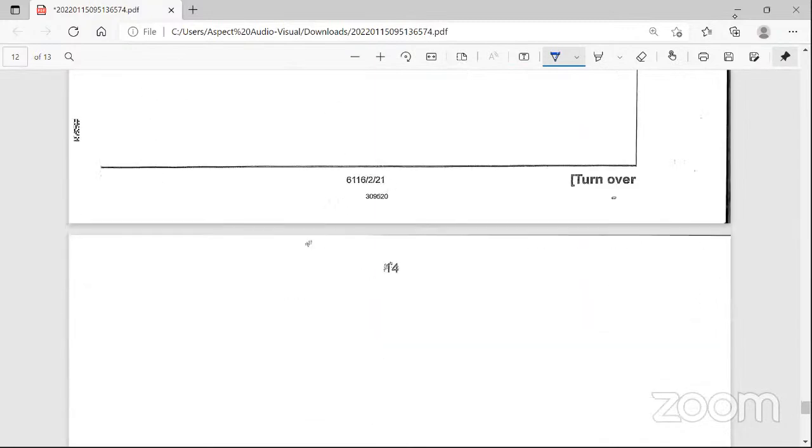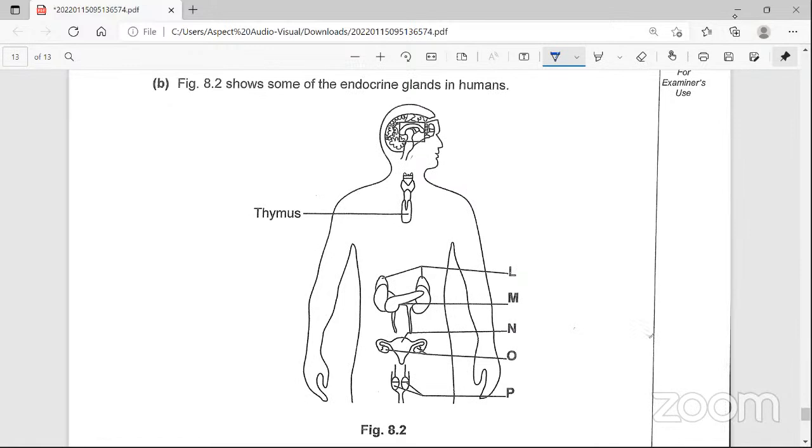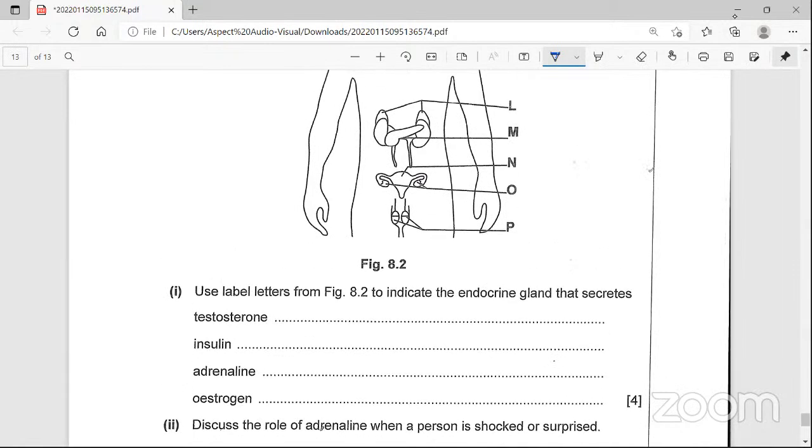All right. Figure 8.2 shows some of the endocrine glands in humans. You've got your thymus, they've already given us that. We've got L, M, N, O, P. Use the label letters from figure 8.2 to indicate the endocrine gland that secretes each hormone.